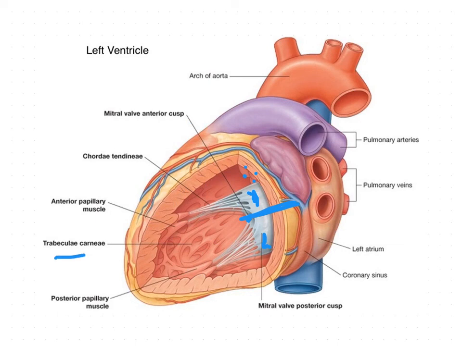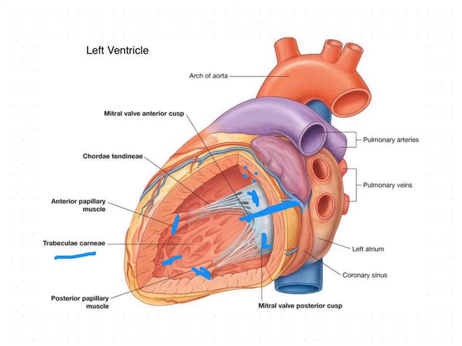These are the muscular ridges, and there are two papillary muscles: the anterior papillary muscle and the posterior papillary muscle. As we know, the papillary muscles have one end attached and the other end free, and they have a pillar-like appearance. These are also one type of muscular ridge. So how many papillary muscles? Two.